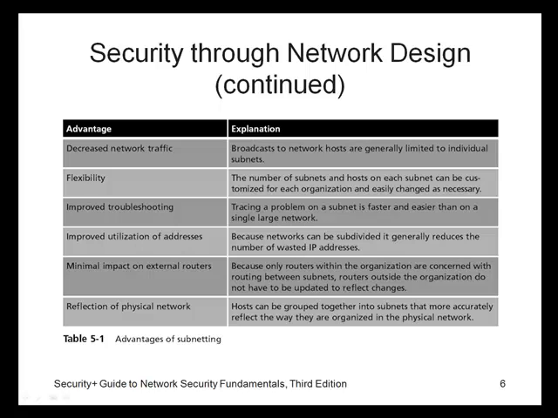Flexibility, the number of hosts on each subnet can be customized to the organization so that if we had public addresses in here and we had a room that had 8 computers in it or 10 computers in it, we use 2, 4, 8, 16. We could subnet it so that we had 16 hosts in that room, because if we had 10, that's where we would have to go, isn't it?